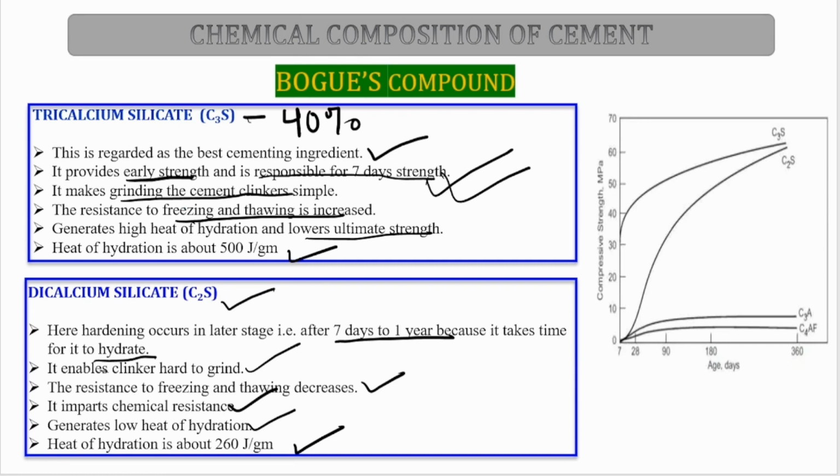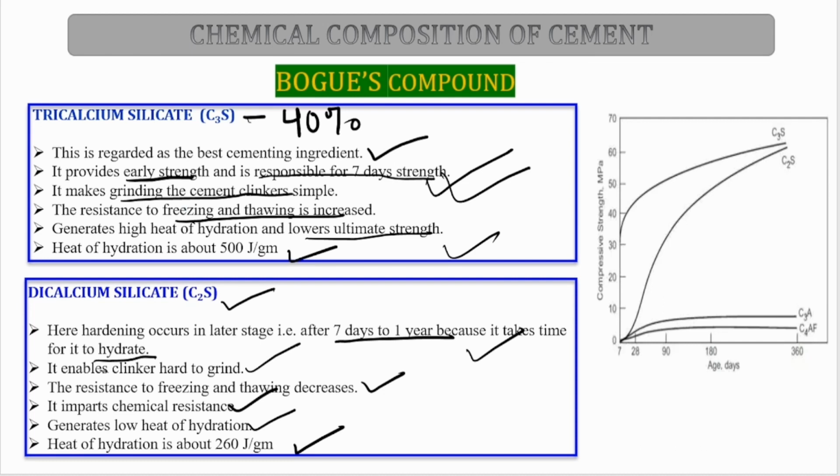As we have already known, cement has a property of binding or bonding, and it's mainly due to this C3S and C2S. So, if we differentiate C3S and C2S, then in C3S, clinker is easy to grind, whereas in C2S, clinker is hard to grind.